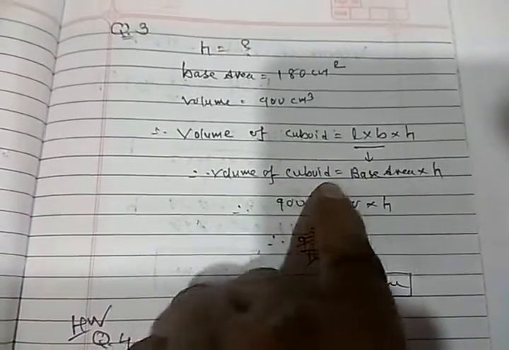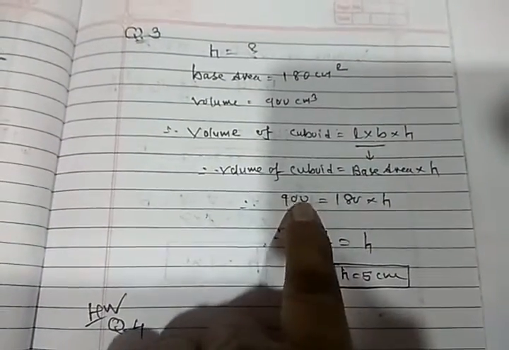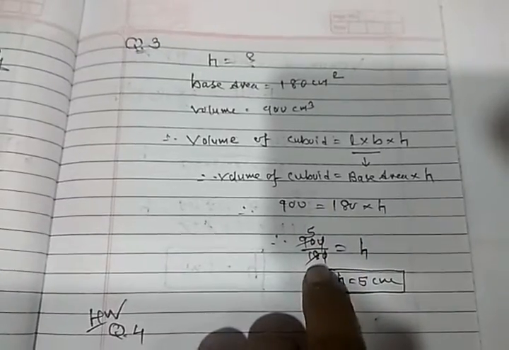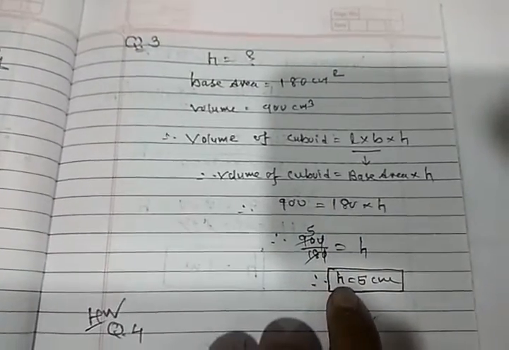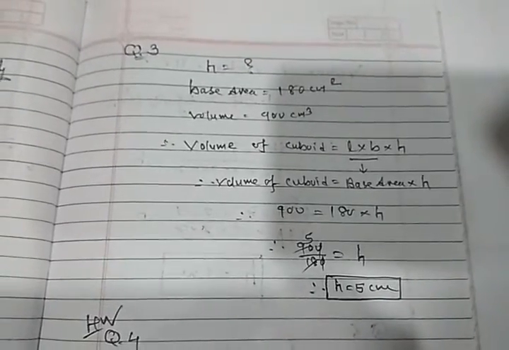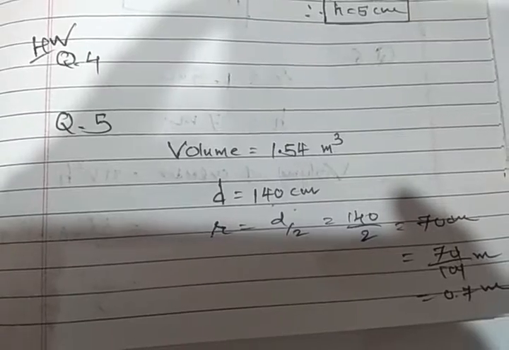So volume of cuboid is equal to length into breadth, that is our base area, into height. So 900 into 180 into height. So H is equal to 900 upon 180, 0 cancel. When you simplify, you will get height is equal to 5 centimeters. So height of this cuboid is 5 centimeters. Question number 4 is homework for you.